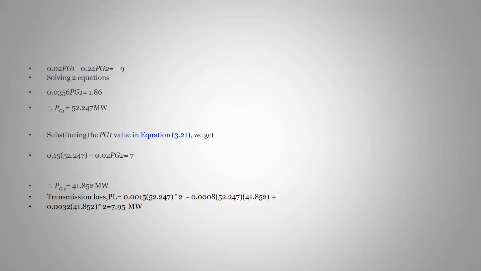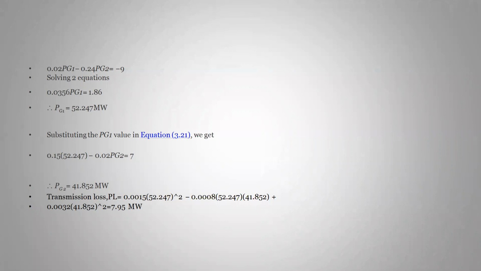PL is equal to B11 Pg1 square plus 2B12 Pg1 Pg2 plus B22 Pg2 square. Substitute all the values. B11, B12 and B22 are already given. So you have derived the Pg1 and Pg2 values.